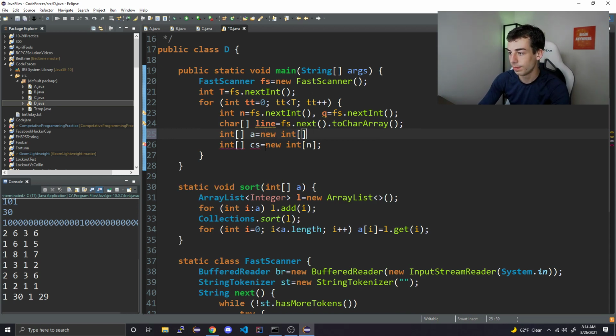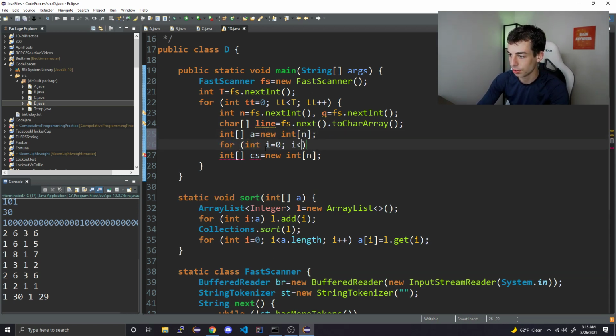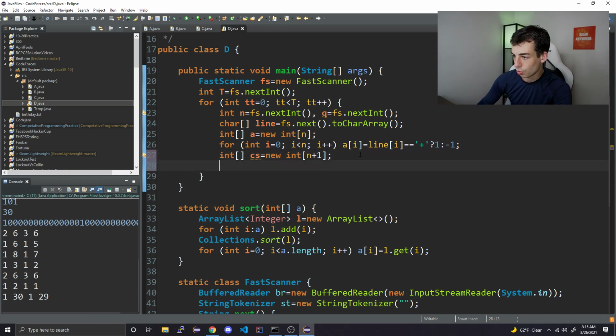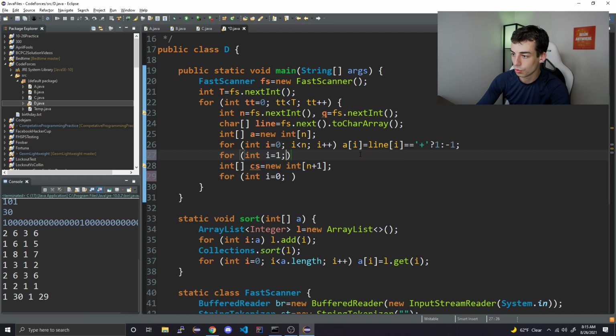New int array n, and for int i equals 0, i less than n, i plus plus, a at i equals 1 if line at i is a plus, otherwise it's a -1. All right, and then cs will be n plus 1. So for int i equals 1, i less than n, i plus equals 2, a at i times equals -1.